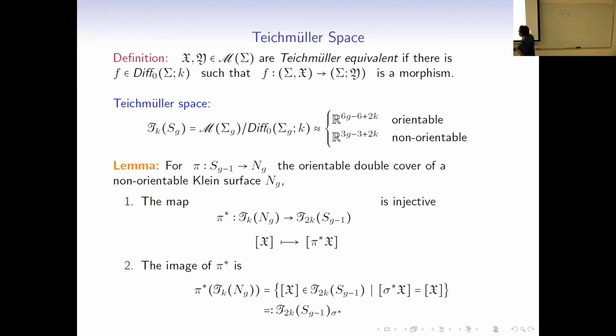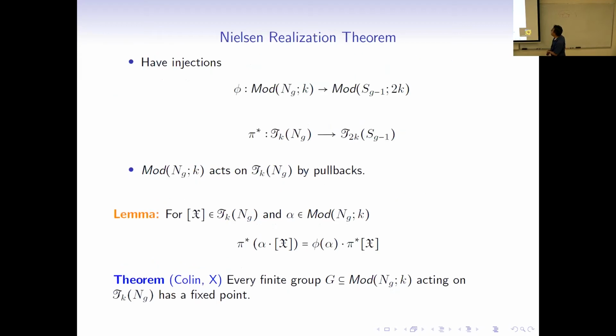It sends the class of the structure X to the class of the pullback of X under the covering map, and you can identify what the image of pi star is. It's basically all those structures that are invariant under the map induced by the involution. All right, so this is how you show it.